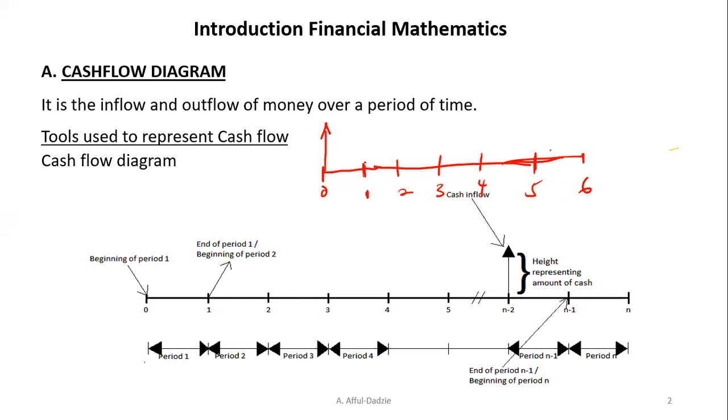For every month, your salary is the same, so I'm trying to make them as equal as possible. So at the beginning of every month, this is how we represent it. You notice that there wouldn't be anything happening here. You will see that you have received your 1, 2, 3, 4, 5, 6 payments of salaries.